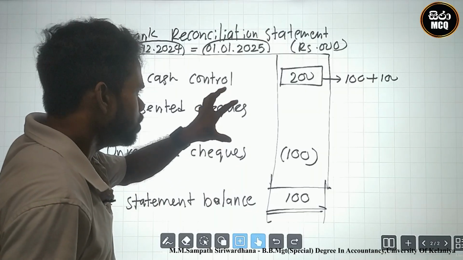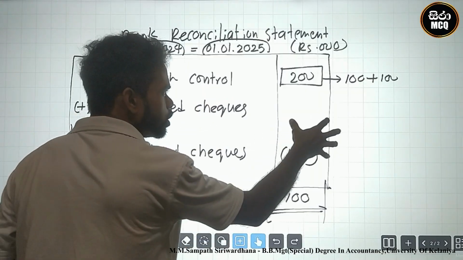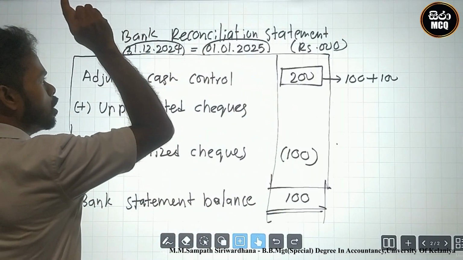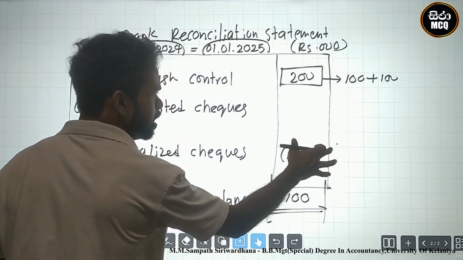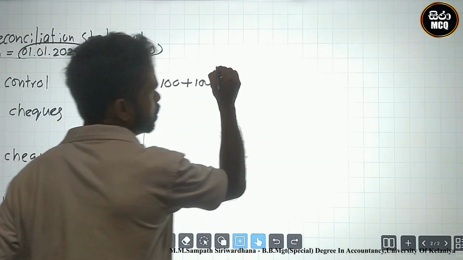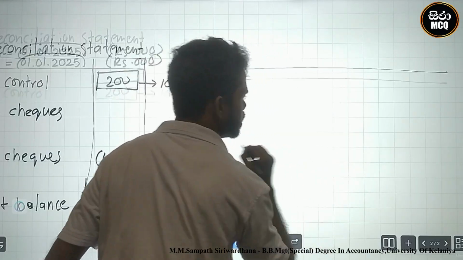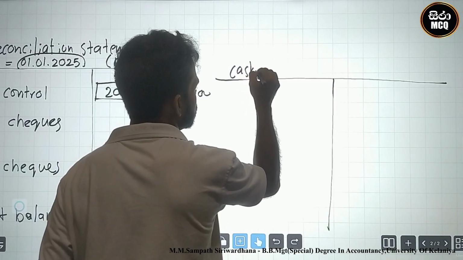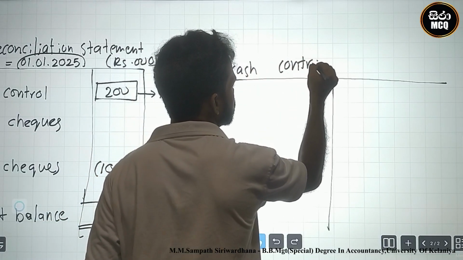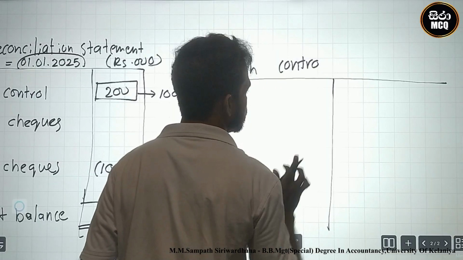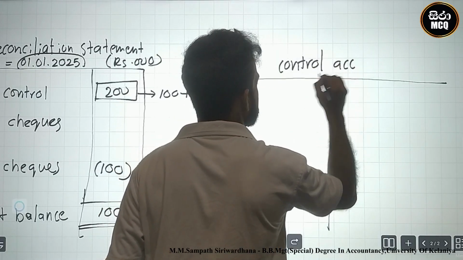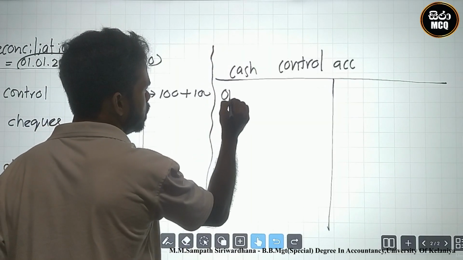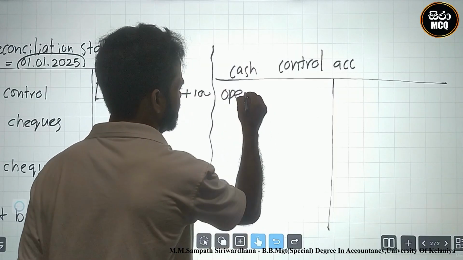Okay, based on that I prepare the cash control account. Our adjusted cash control opening date. Therefore, I prepare the cash control account. Opening balance is a normal debit balance.